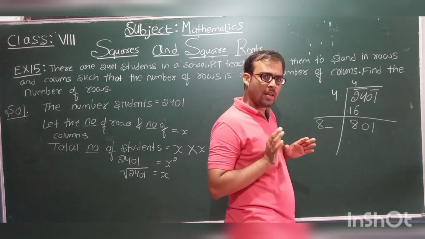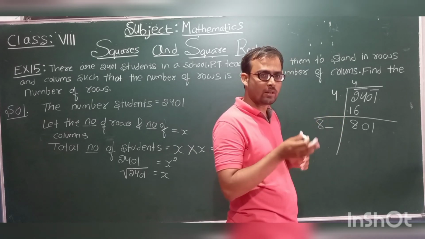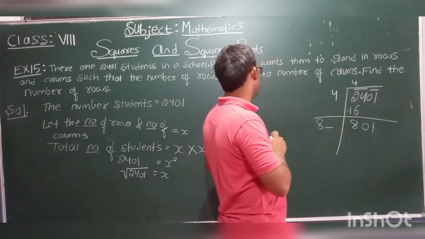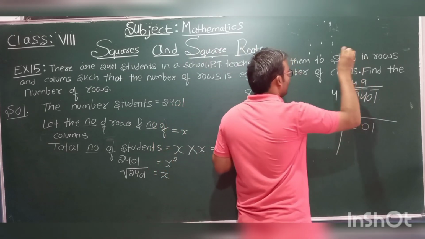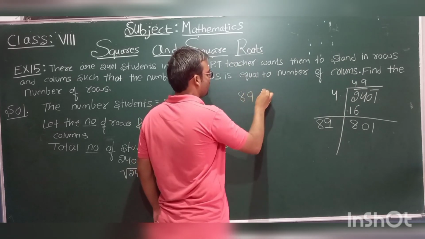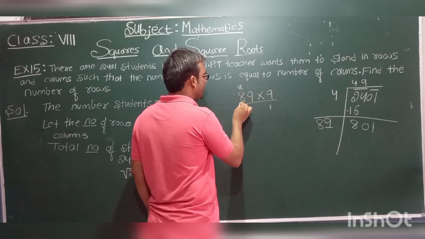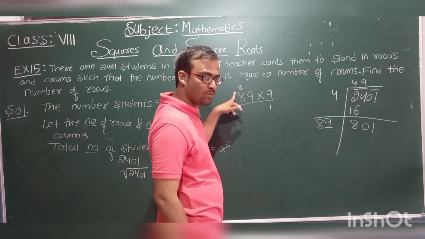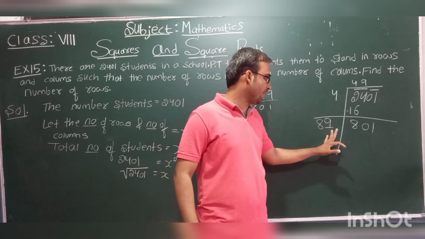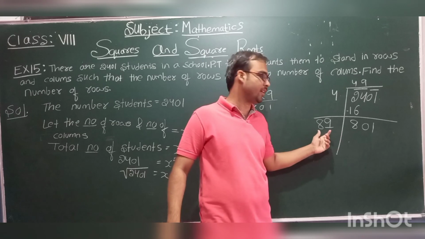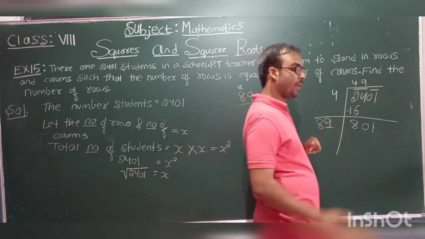Now let us fill this blank with 9 and see whether we can get 801 or a number less than 801. So fill this blank with 9. 9 9 is 81, 1 and 8 carry, 8 9 is 72, 72 plus 8 is 80. So look here, students, when we fill this blank with 9 and multiply the new divisor 89 with 9, we get 801.